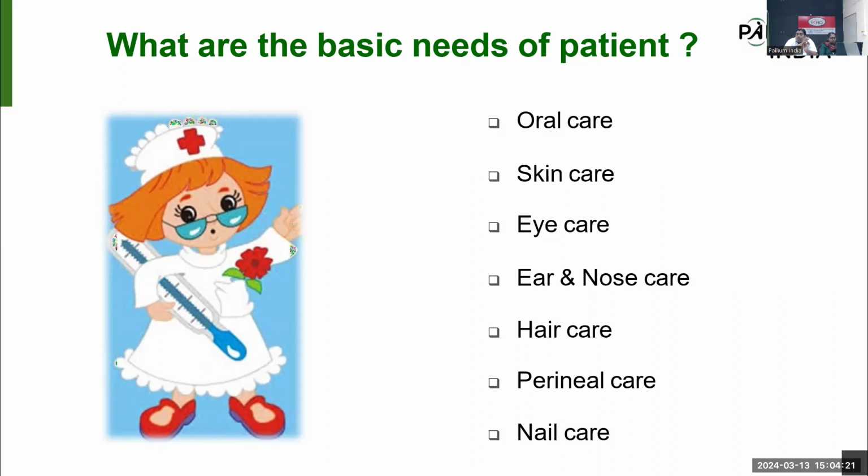Nurses know about these cares, because the fundamentals of nursing deal with the care of a patient, including these main cares, in head-to-foot care. So we have to be clear about that, and we can go through it in detail.